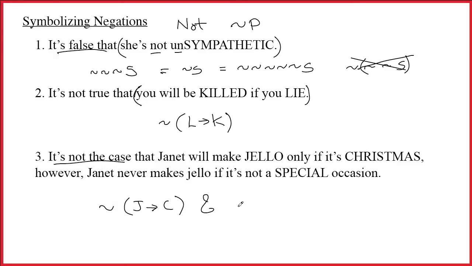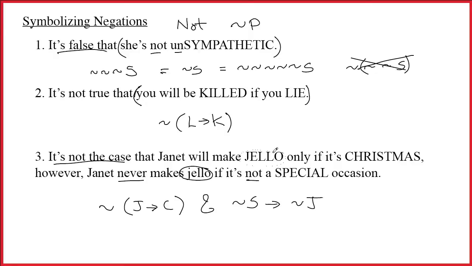On the other side of the ampersand, we have Janet never makes Jell-O if it's not a special occasion. This is actually just going to be what's following if? Not a special occasion. So that's tilde s. If it's not a special occasion, then she never makes Jell-O. Notice the word Jell-O here isn't recapitalized.